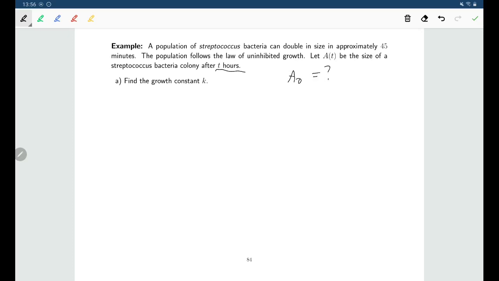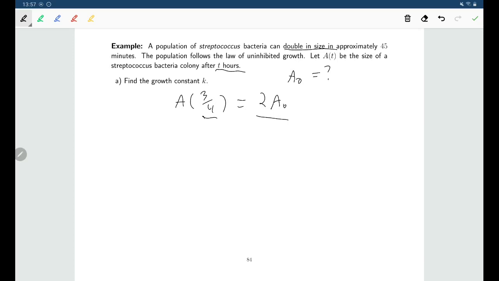But one thing that we do know is that when we've had 45 minutes pass, or in other words, at 3/4 of an hour, we should have twice the initial population, because we know that our population will double in size. So whatever our initial population is, after 45 minutes, we'll have twice that.